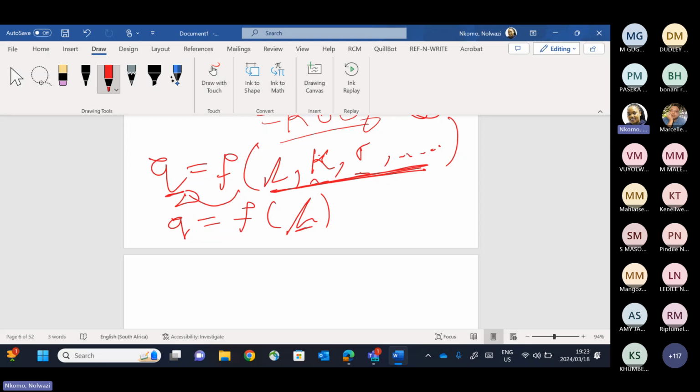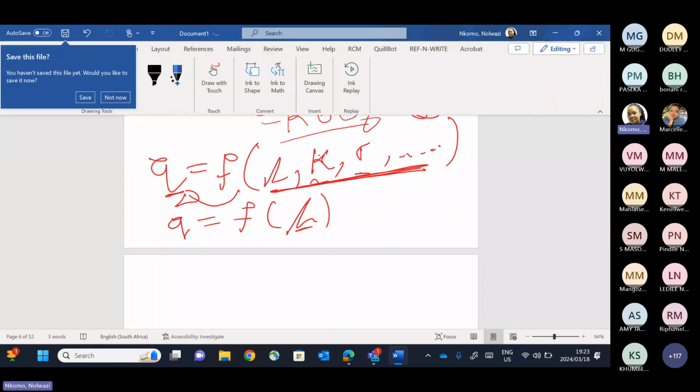Another thing that you need to know is that the marginal production of labor is just the change in the production function with respect to the units of labor, or the amount of labor.